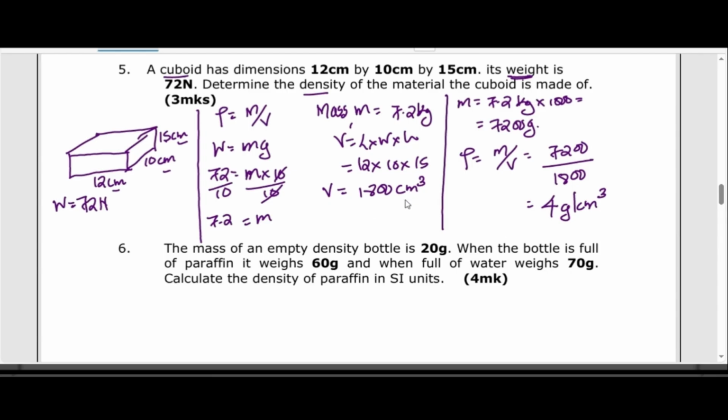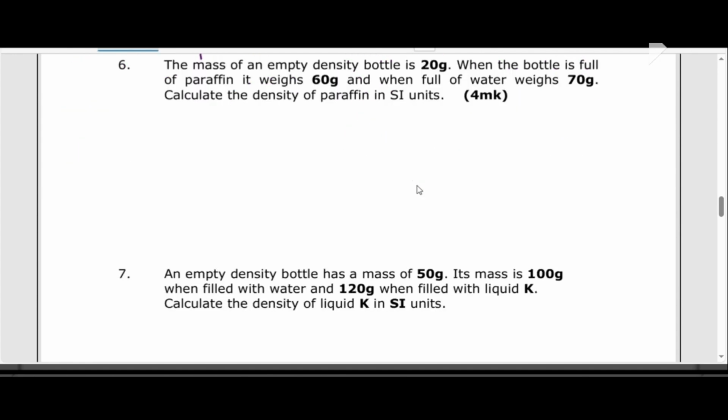Right, so you have that. So if you're given the weight instead of the mass, you first of all get the mass using the formula weight is equals to mass multiplied by gravity. I can try to look for the mass here, and this is what you get. Then you go ahead and substitute. The next one, I want us to just observe.